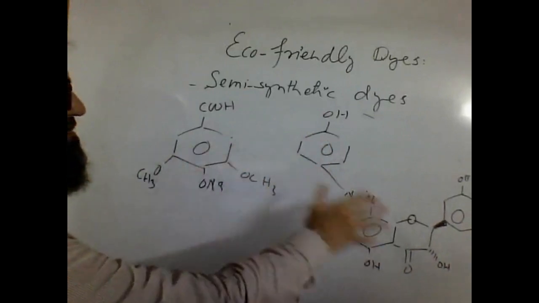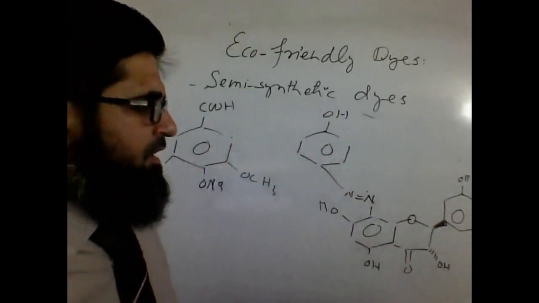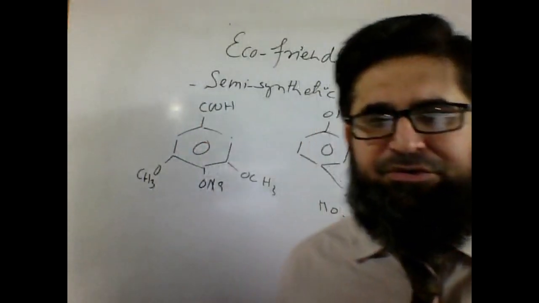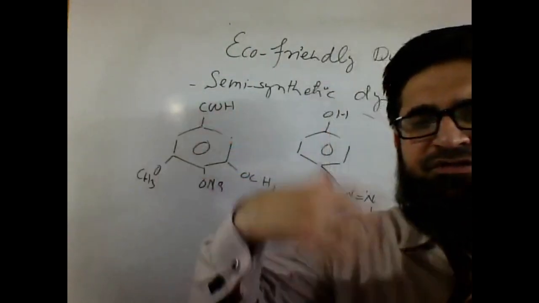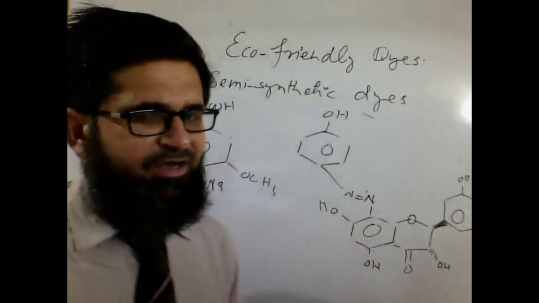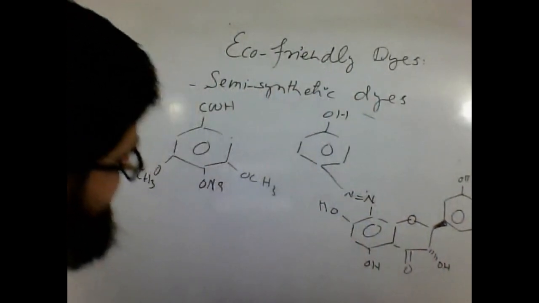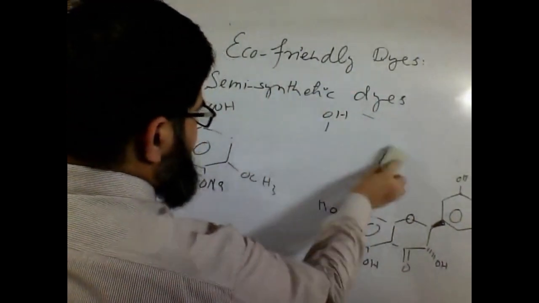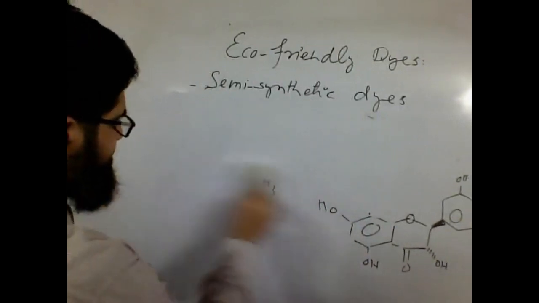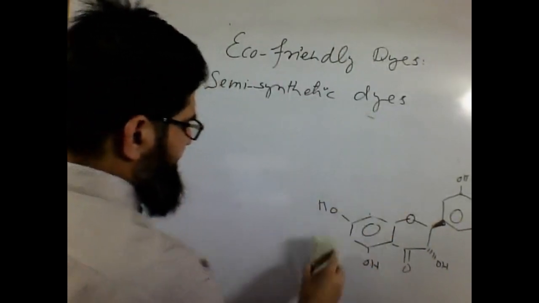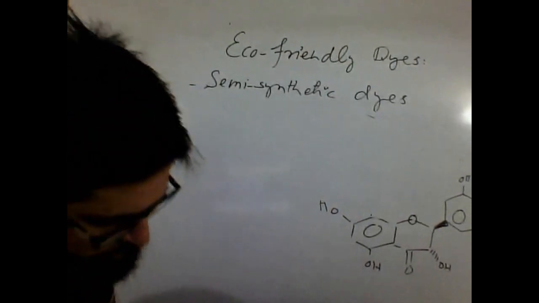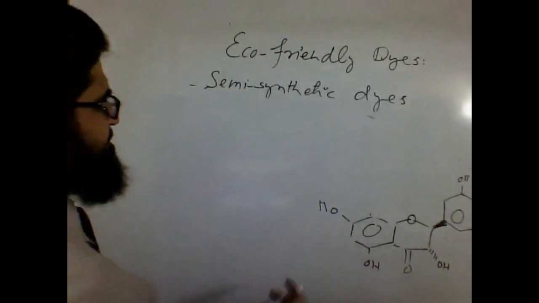So the resultant could be the dye molecules. This is how the semi-synthetic dyes could be generated using these compounds. One could do the other way around as well. What could be done? The people could do the other way around as well.